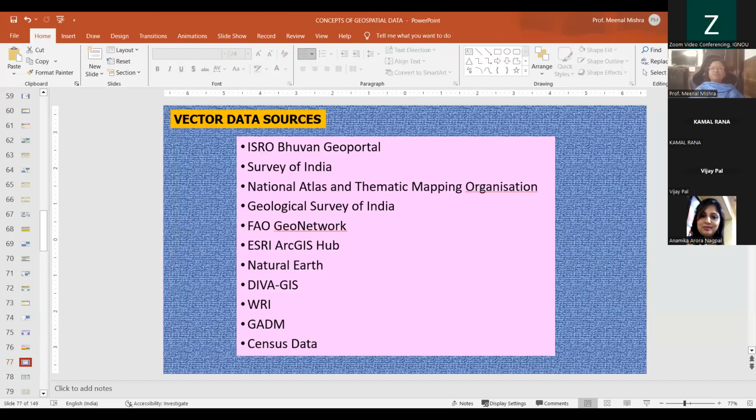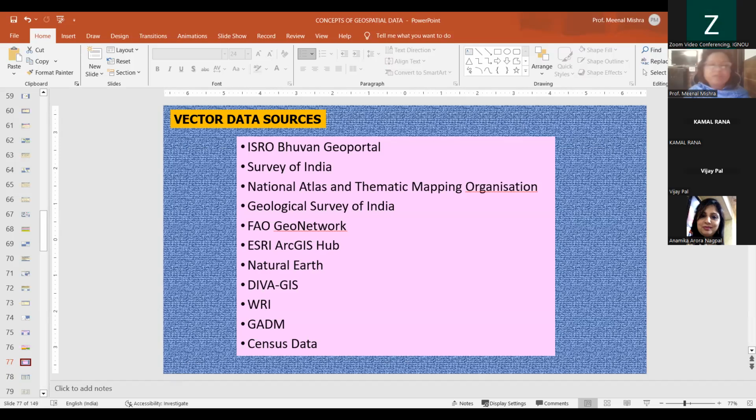Now, these are the various sources of vector data: ISRO's Bhuvan Geoportal, Survey of India, National Atlas and Thematic Mapping Organisation, Geological Survey of India, FAO, and GeoNetwork. We will discuss them one by one. Ma'am, can you go back one slide? Yes, the previous slide.